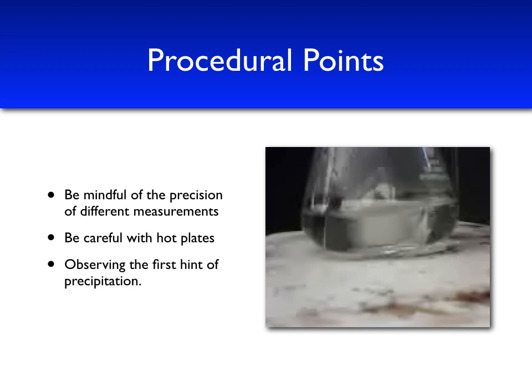Another important aspect of this experiment, as you'll see in the lab video, is looking for the first hint of a precipitate. We note that our ion product, the product of potassium and hydrogen tartrate concentrations, is equal to KSP at a given temperature if you have a saturated solution.